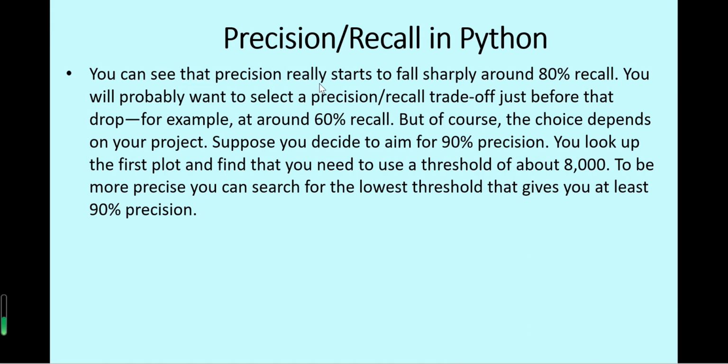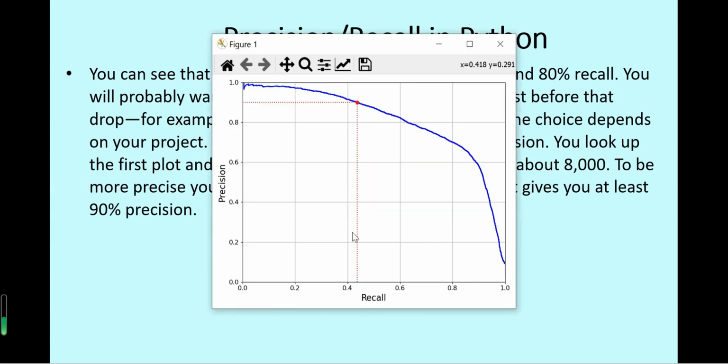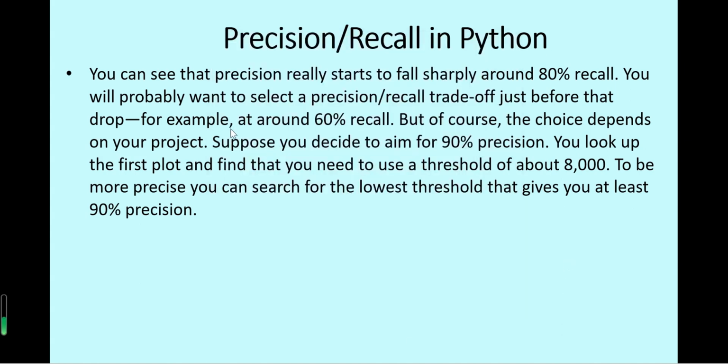You can see that the precision really starts to fall sharply around 80% recall. From this point, the precision sharply drops, right? So you will probably want to select a precision recall trade-off just before that drop, for example around 60% recall. But of course, the choice depends on your project.